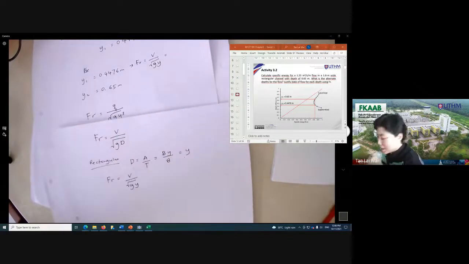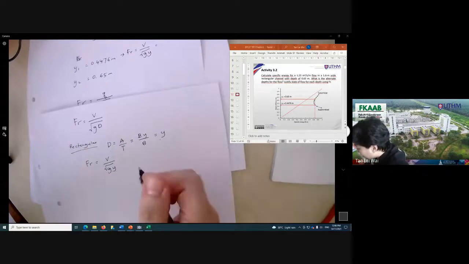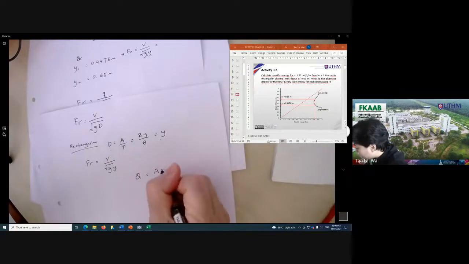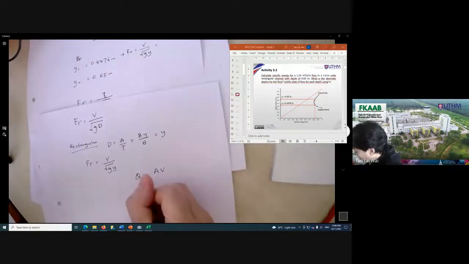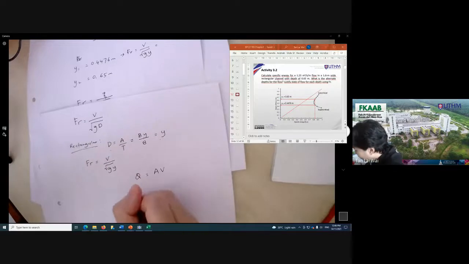Okay, one is that. Then you also know that Q is equal to AV. Since it's rectangular also, you divide by B on both sides.